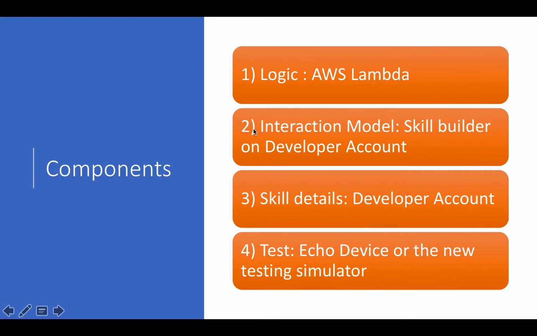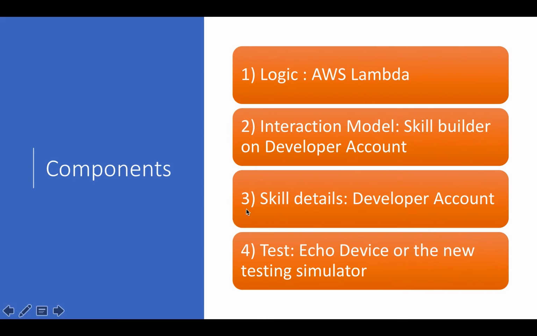The second component of an Alexa skill is an interaction model. Right? Interaction model is the model that will be used for the users to interface with the backend. So it's like a model for communication.